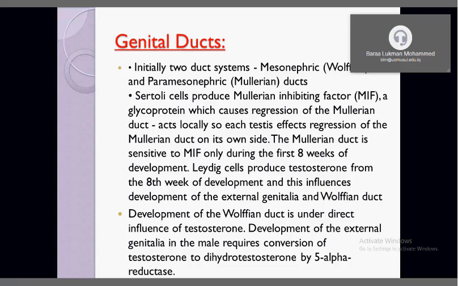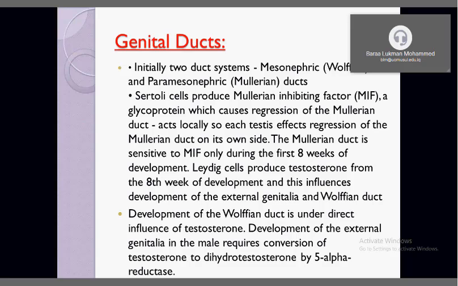So if there is agenesis of a single testis, a certain abnormality, there may be unilateral proliferation of the Mullerian duct because of the absence of this substance. We expect in the male there will be a degeneration of the Mullerian duct.